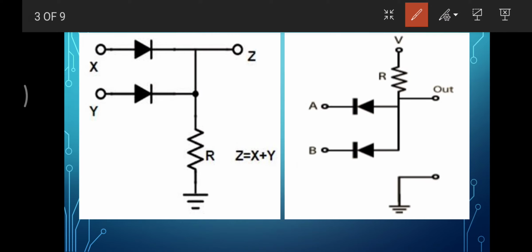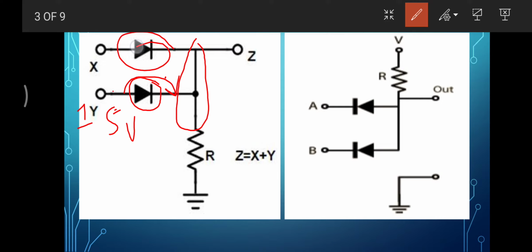Similarly, now let's apply 1 to this one, the Y diode. The same effect will happen when you put the 5 volt here. This whole node will be 5 volt. Because I'm considering an ideal diode, the potential drop across the diode is 0 volt, and the voltage I applied at this side is coming toward this side, and this diode goes to the reverse bias condition.